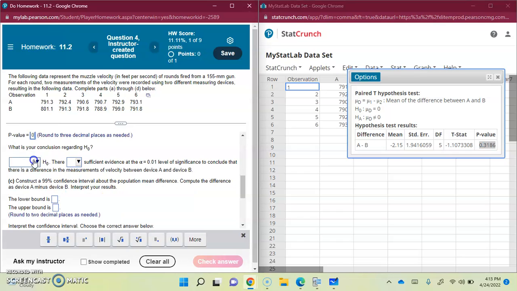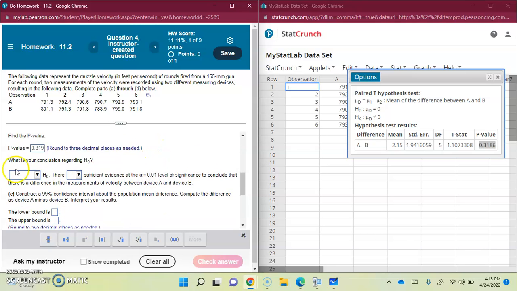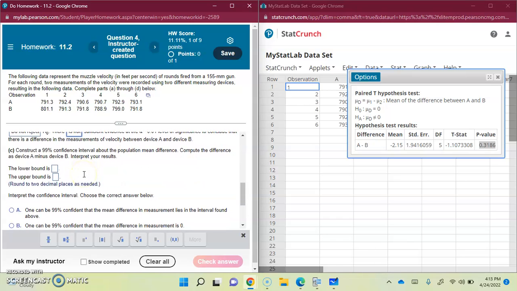So we need to round it to three digits, 0.319. What's your conclusion? Alpha is 0.01. That's what they're asking, right? And the p-value is way more than that. That means we are going to not reject H naught. If we are not rejecting H naught, we are rejecting the alternate hypothesis. So there is not sufficient evidence at this level to conclude that there is a difference. So that means we are rejecting the alternate hypothesis.